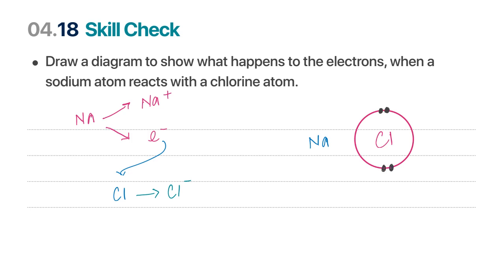Now 4, 6, 1 more. But we're not talking about the chlorine atom. We start with the chlorine atom, but we're specifically talking about the chlorine ion. Chlorine ion took 1 of sodium's electrons. So I can draw another electron here, and that'll be it.